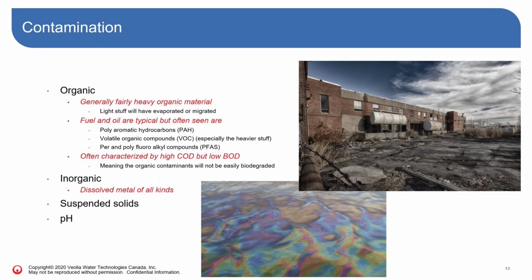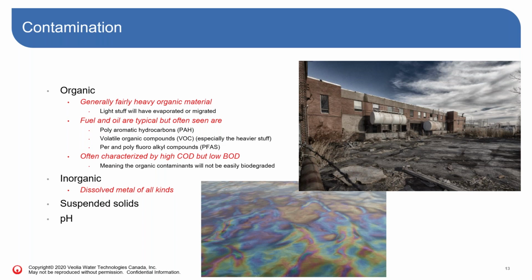Very often, the organics will be characterized by high COD, high chemical oxygen demand, and low biological oxygen demand, which means that the organic contaminants will not be easily biodegraded, and that kills the option of biological treatment for the mobile systems used in bioremediation. Usually, it doesn't work because the BOD is too low.